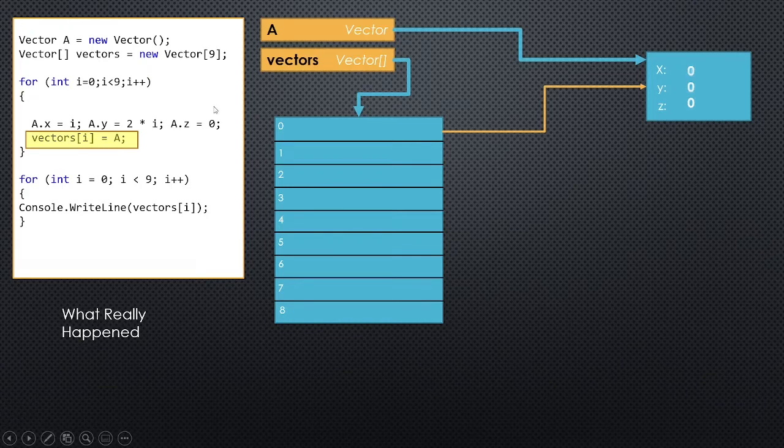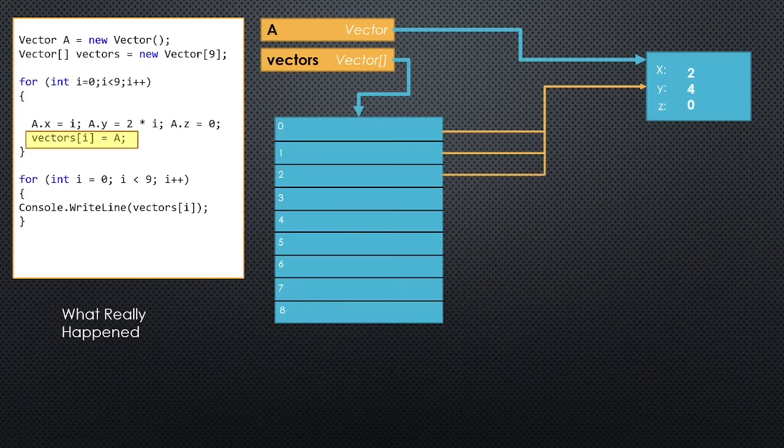Next time through the loop, the value of A gets changed to 1, 2, 0. And the vectors[i] line runs again, and it creates another reference stored in location 1 to the exact same object. But that object's value is now 1, 2, 0 instead of 0, 0, 0. And then I do this again.